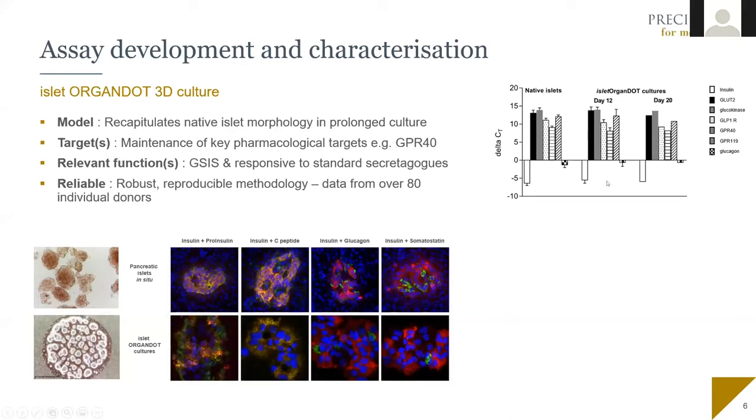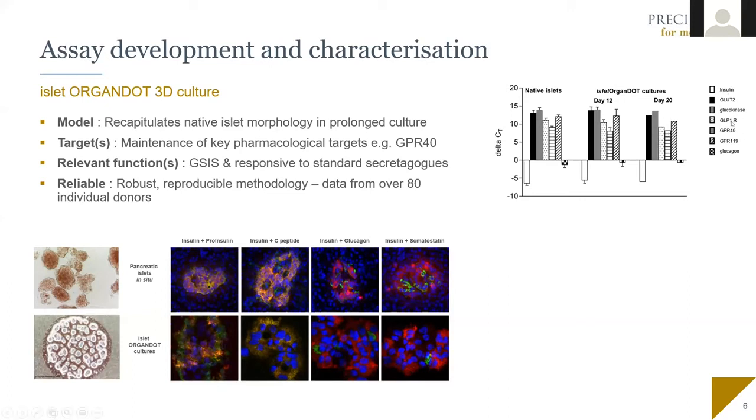The data here show that we've got native islets. This is delta CT, so the lower the number, the higher the expression. You can see there's loads of insulin, which is the white bars that go downwards, in both the native islets and also in our islet organ dot cultures at both day 12 and day 20. That's giving us the longevity in the model that we were looking for.